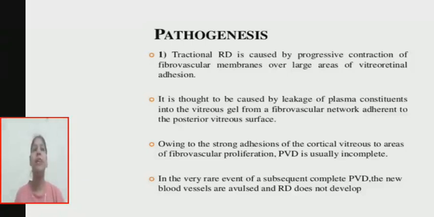In the very rare event of a subsequent complete posterior vitreous detachment, the new blood vessels are avulsed and retinal detachment does not develop.